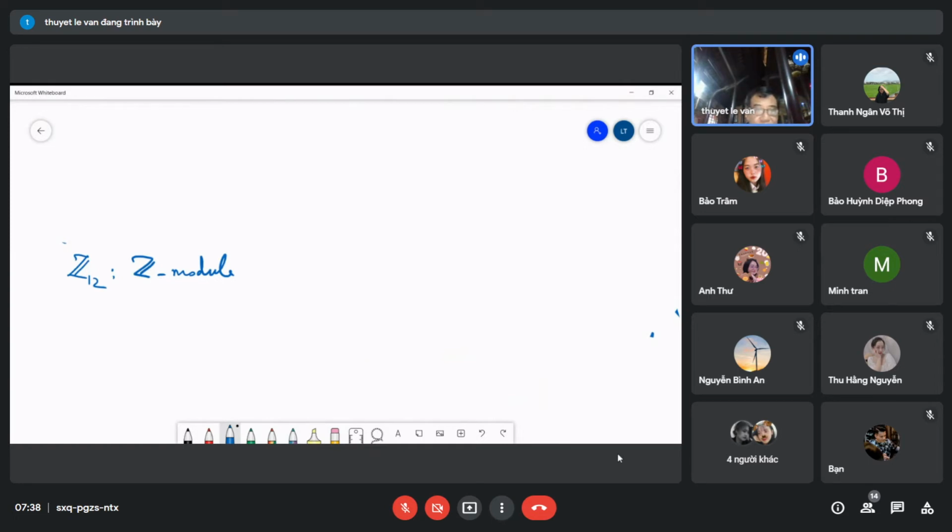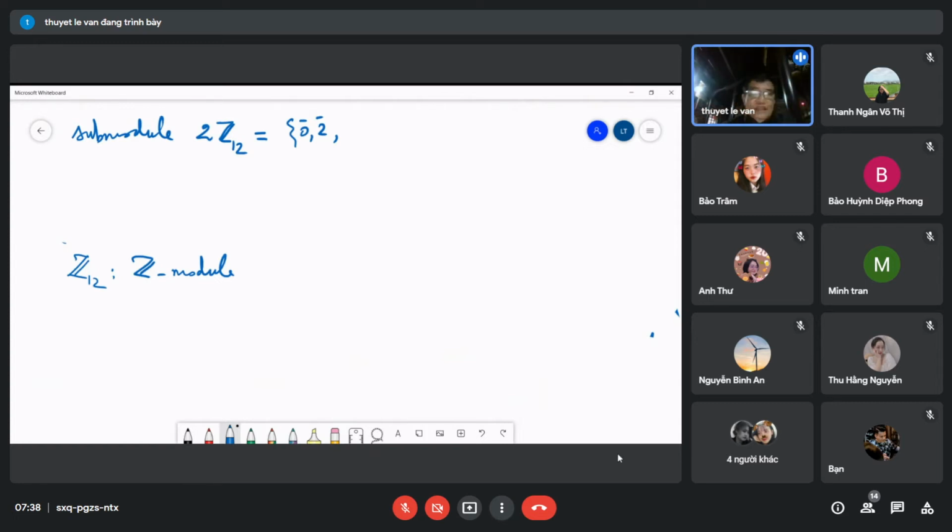Then the submodules you can list are 2Z12, that is 0, 2, 4 and so on, I write quickly.